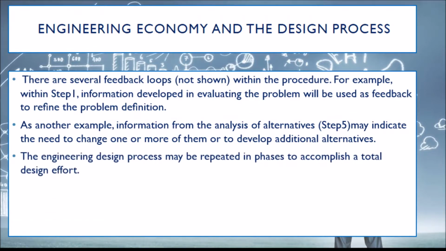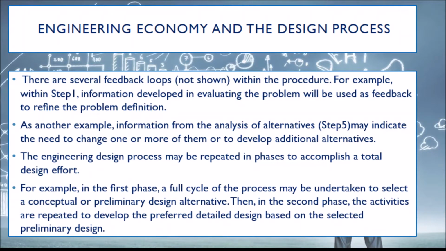The engineering design process may be repeated in phases to accomplish a total design effort. For example, in the first phase, a full cycle of the process may be undertaken to select a conceptual or preliminary design alternative. Then in the second phase, the activities are repeated to develop the detailed design based on the selected preliminary design.